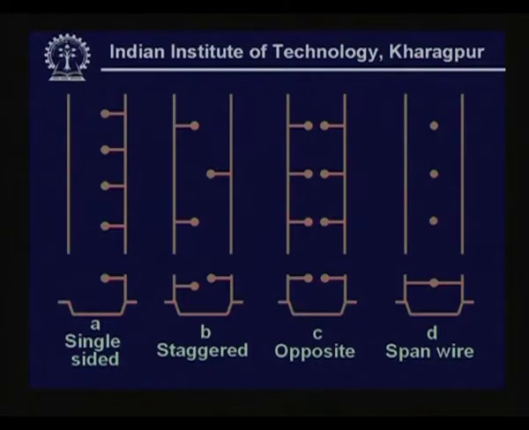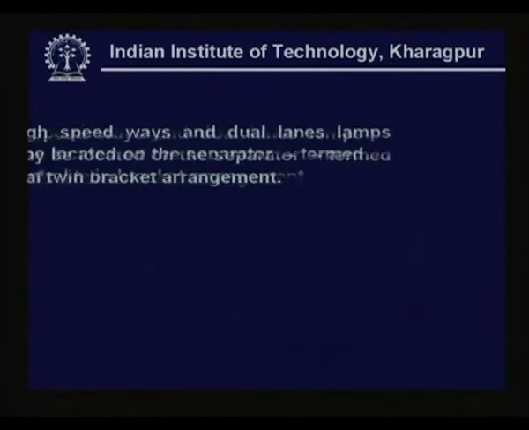However, remember this keeps in mind the width of the road. When the road becomes wider, we tend to have the arrangement shown in C, which is the opposite arrangement, with two lamps, one opposite to the other. For very narrow roads, I said the span wire arrangement is resorted to, where the lamps are suspended at the center of the road as shown in figure D. These are the four arrangements.